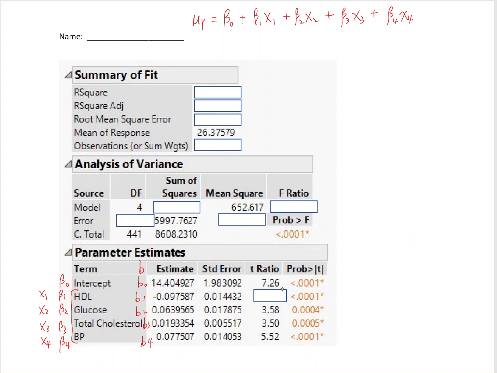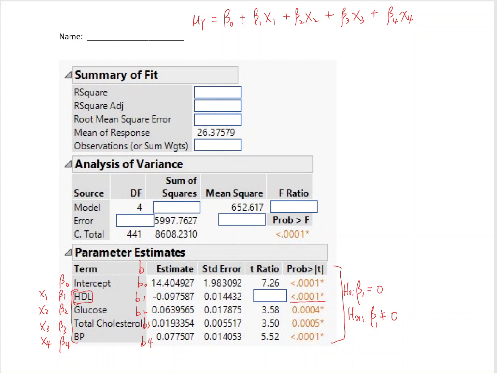What are these p-values testing? They are for each beta. For example, this p-value tests beta 1 equals 0 versus beta 1 not equal to 0, testing whether this HDL variable is significant in this regression.